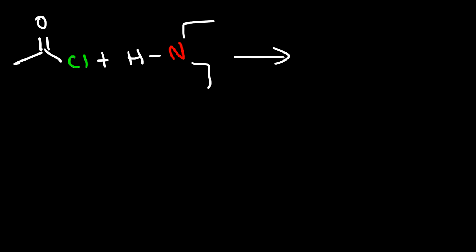Now, if we react the acid chloride with a secondary amine, you can guess what's going to happen. Eventually, we're going to get a tertiary amine. But first, let's take away hydrochloric acid and let's produce the amide.